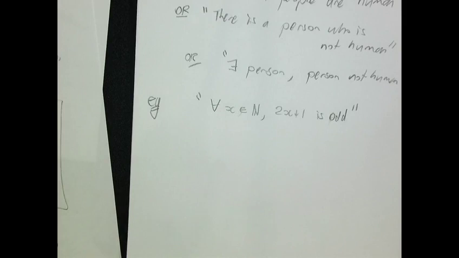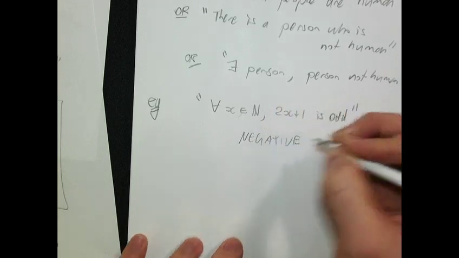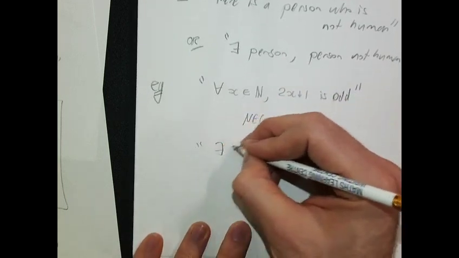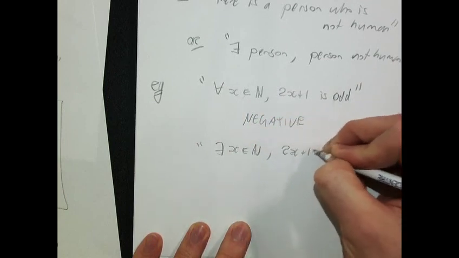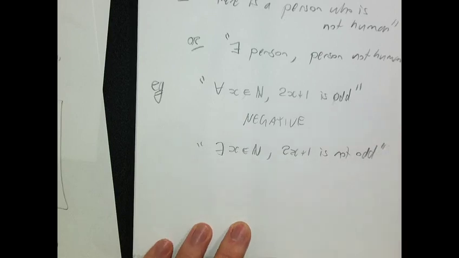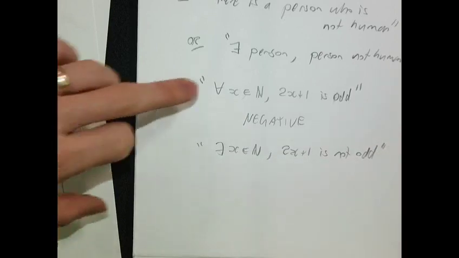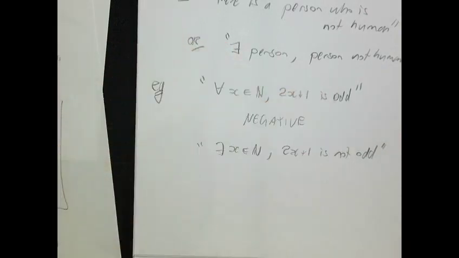Okay, that's a math statement. And that happens to be true. And the negative of that is there exists an x in the natural numbers where 2x plus 1 is not odd. So what happened is that the for all became a there exists, and the is became an is not.